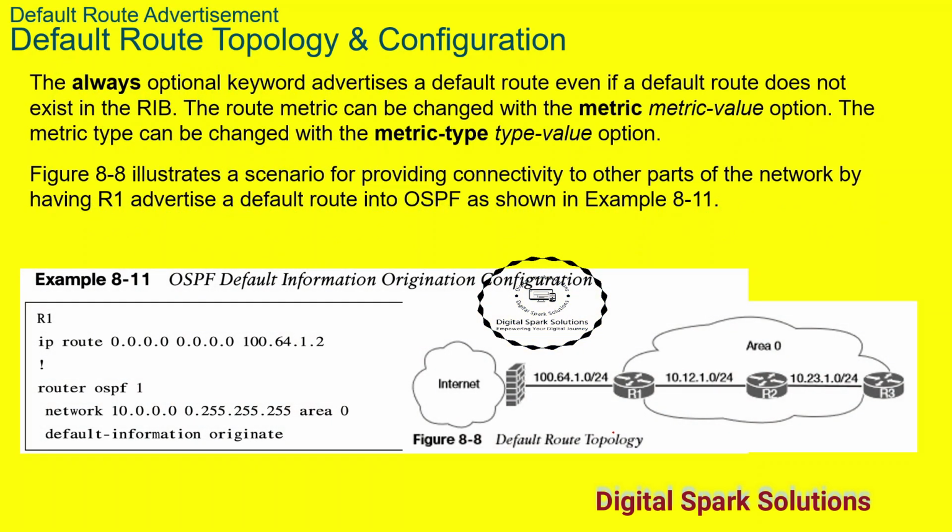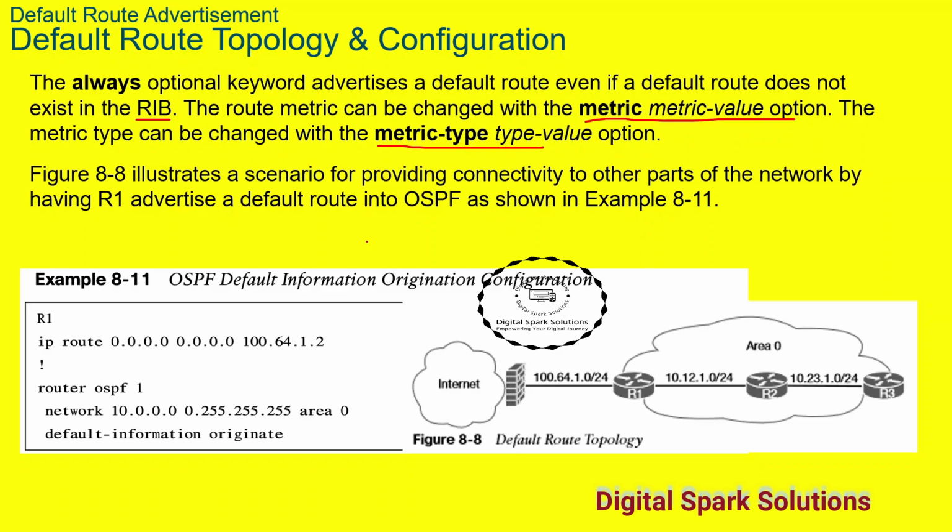The always keyword advertises the default route even if the default route does not exist in the router information base, the RIB. The route metric can be changed with the metric value option. The metric type can be changed with the metric-type value option.